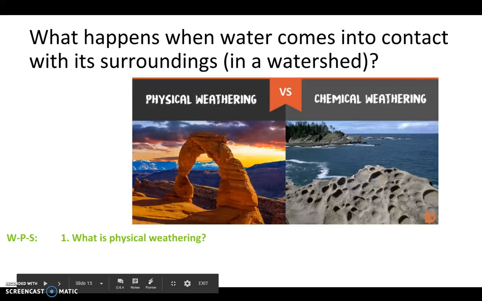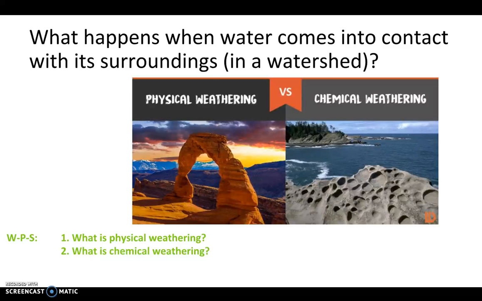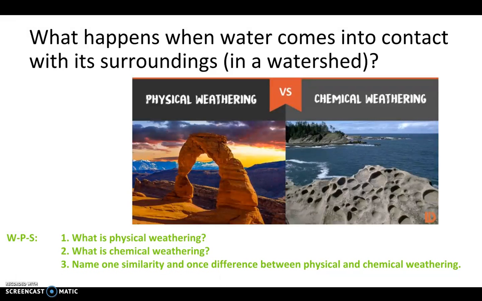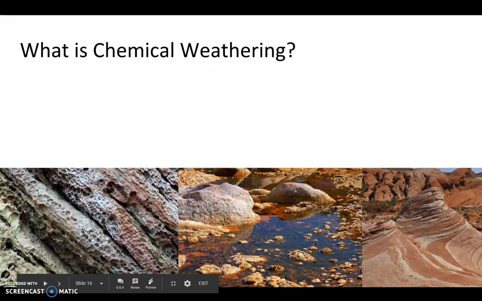And so we can have physical weathering, which is when something, whether that's wind or water, physically rubs away at the surface of the rock, and we can have chemical weathering, which is where a chemical reaction is occurring that's causing the surface of the rock to change. So they both really result in changes in the shape of the rock, but their processes are very different.